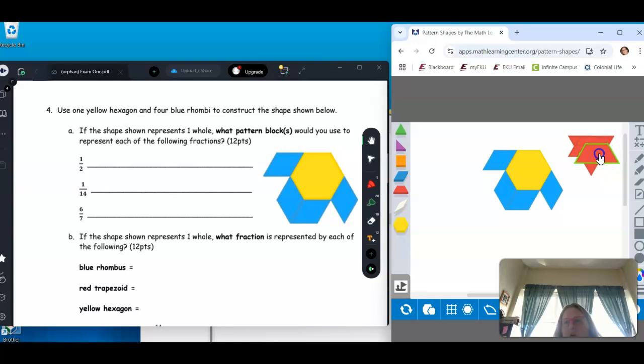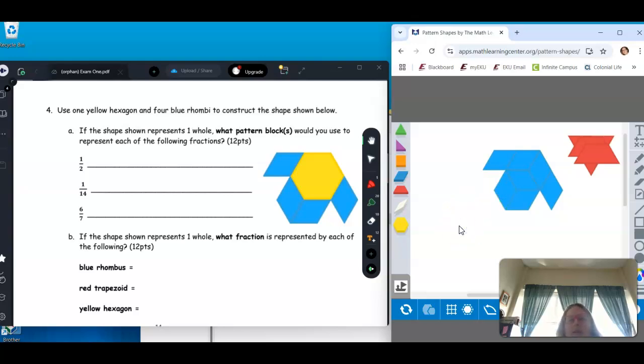So then I might move on to the next one, which would be the rhombus. Can I cover up my whole shape with rhombi? And in this case, I can. So I can see that it takes 1, 2, 3, 4, 5, 6, 7 rhombi to make my whole.